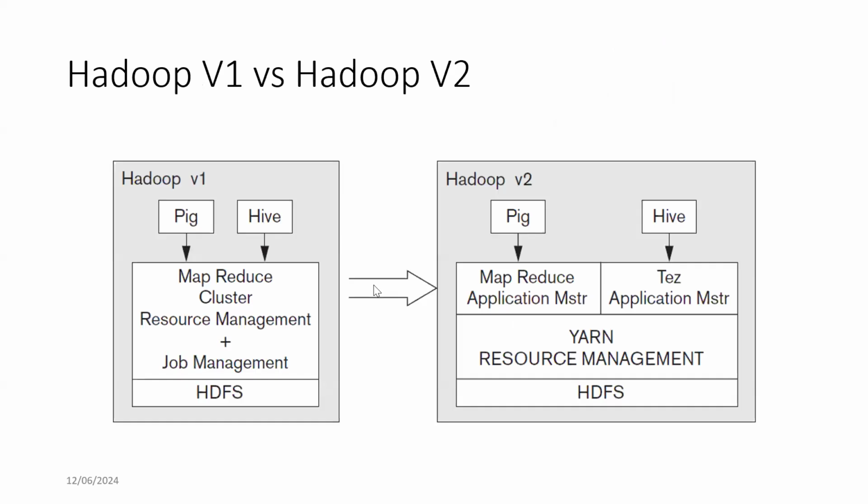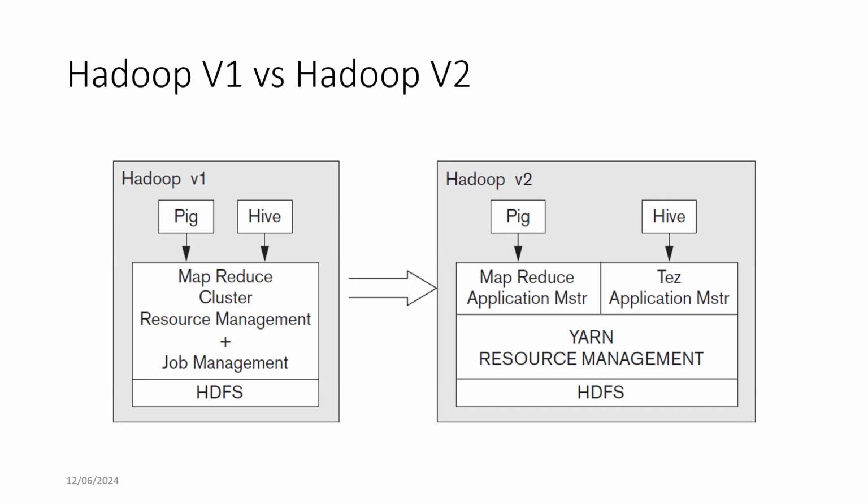So just to see what has happened in basics, there are different changes from Hadoop version 1 to 2. If you look at this, you can see in version 1, at the lower level, you have the distributed file system, and how it manages things is different in version 1.